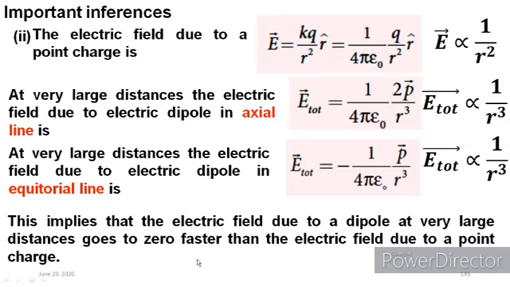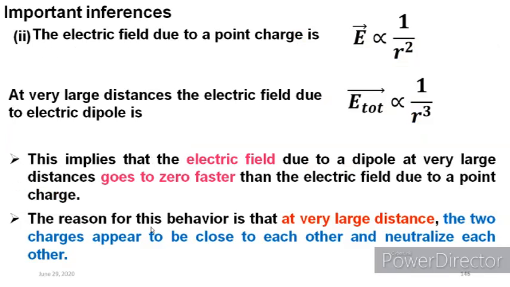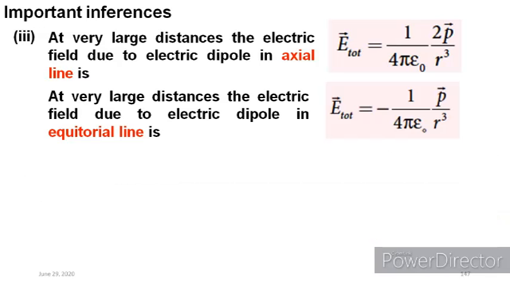So from this we can understand that the electric field due to a dipole at very large distances goes to 0 faster than the electric field due to a point charge, since it is inversely proportional to r cube. The reason for this behavior is that at very large distance the two charges appear to be close to each other and neutralize each other.